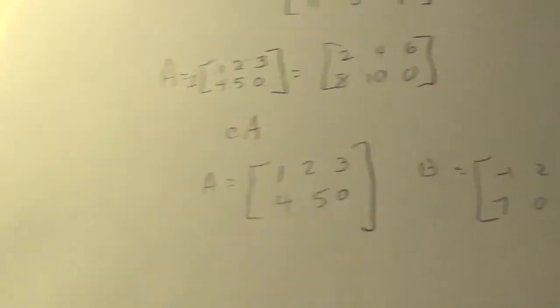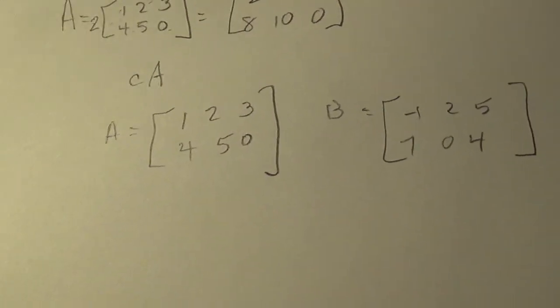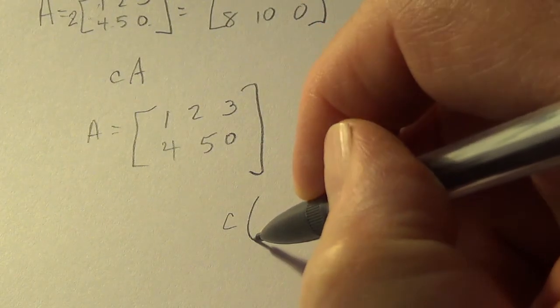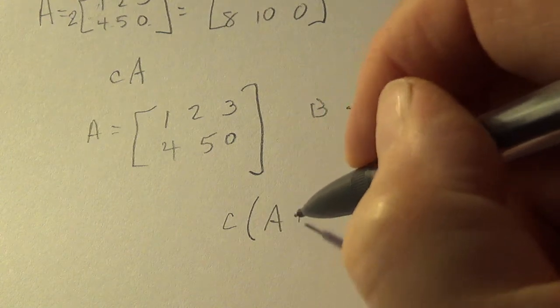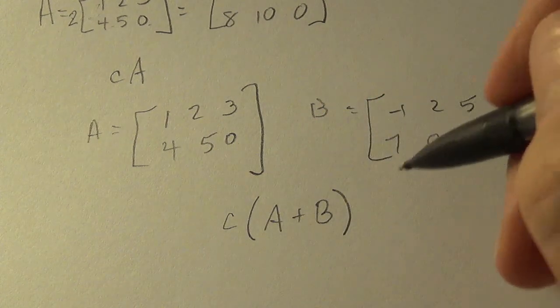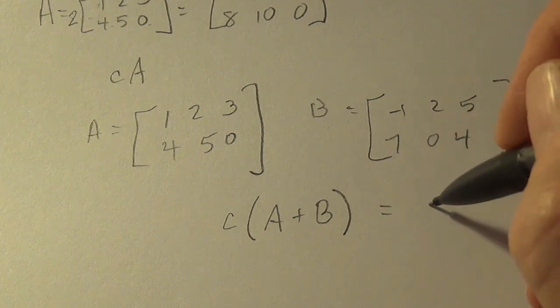All right, it turns out that I also can take little c, which is just a number, it's not a matrix, it's a constant, and I can actually distribute that.